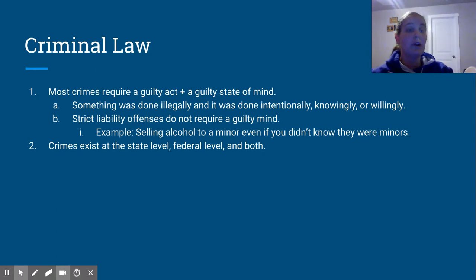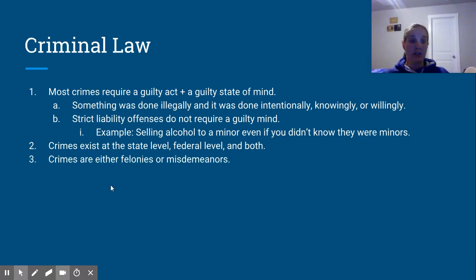So if you were in Oregon and a state trooper were to pull you over and you had some marijuana, you may not get arrested. But if you were to walk into a federal building like a courthouse or something like that, and you had the marijuana on you, then you could get arrested and you could get in trouble because federally that is illegal. It's something that you cannot do. So like I said, you can be in trouble at the state level, the federal level, and both.